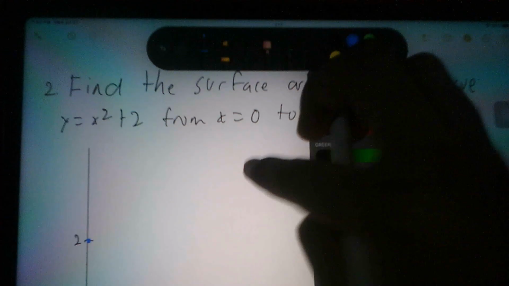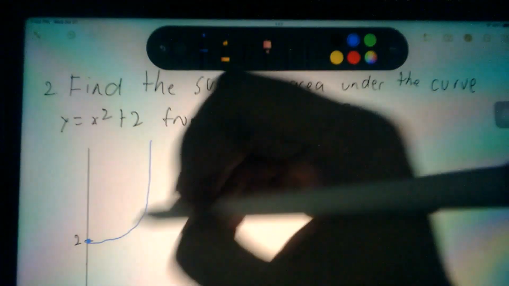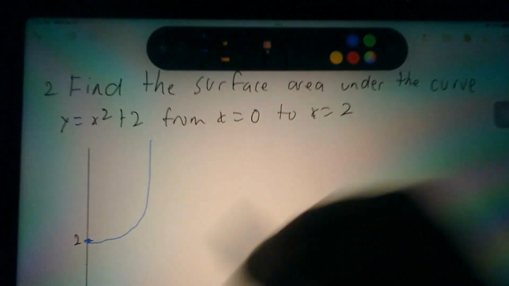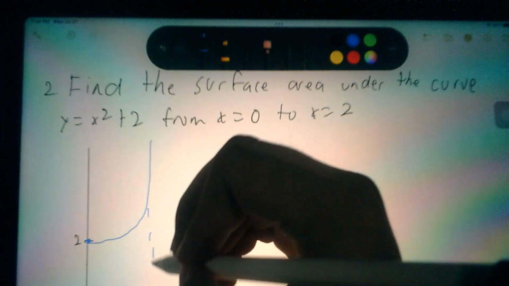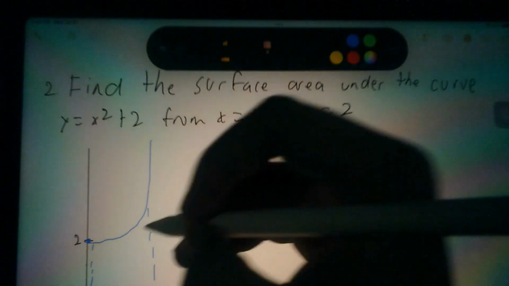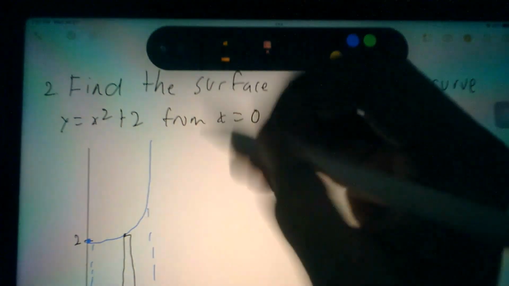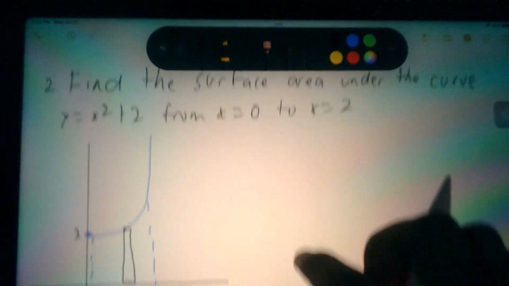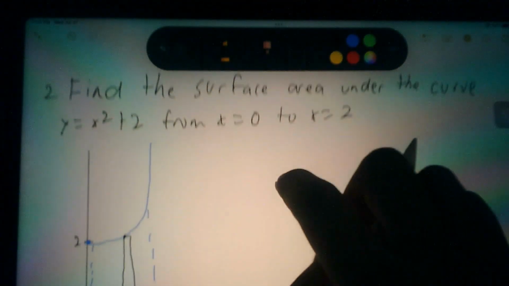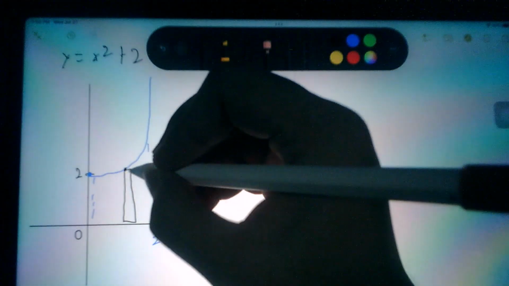Now our parabola is opening upward. Let's say this x here is 2, and this is the surface area that we need to find. If we put a vertical strip here, let's name this x first.